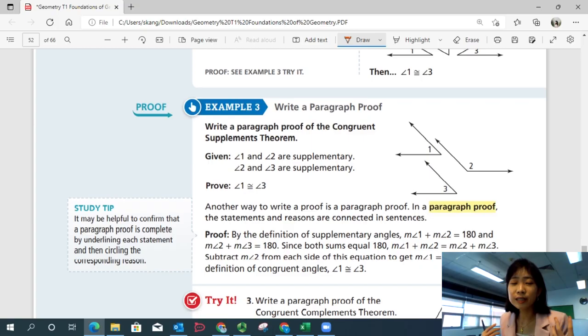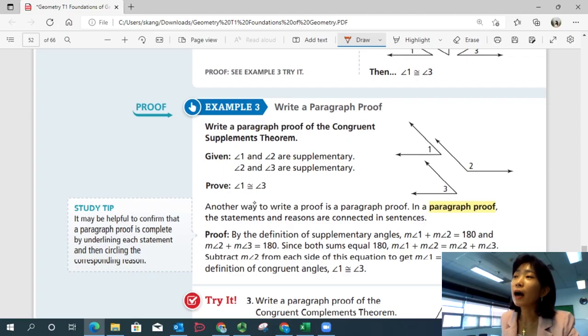So it's like you're explaining it and you're writing down a big paragraph instead of columns, but you're basically writing down the same thing as the 2-column proof, but you have to write it in sentences. So if you prefer to write in sentences, you will like paragraph proof much better than 2-column proofs. If you prefer to just write columns and then reason it out every time, then you will like 2-column proof.